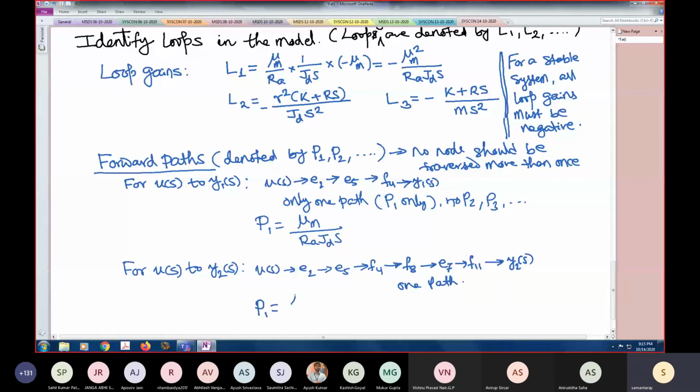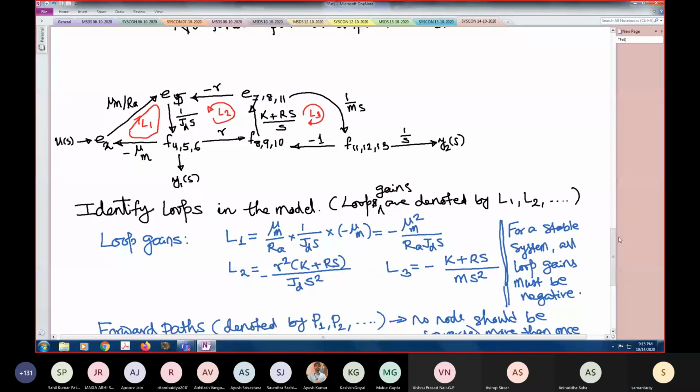How much? Mu M obviously will come, RAZD will come. Obviously, they are already there up to F4, those things have already come. 1S is already there. Then see the rest of the things. So we will have R into K plus RS in the numerator, M will come in the denominator, and 1 by S, 1 by S, 1 by S, 1 by S. S to the power 4 will come in the denominator.